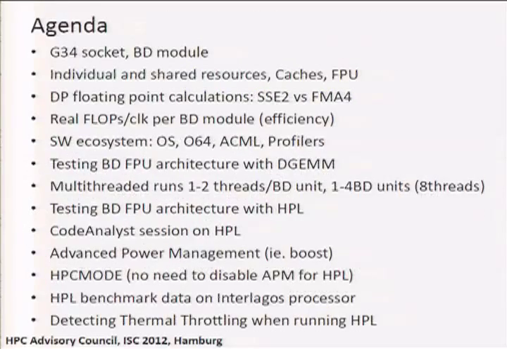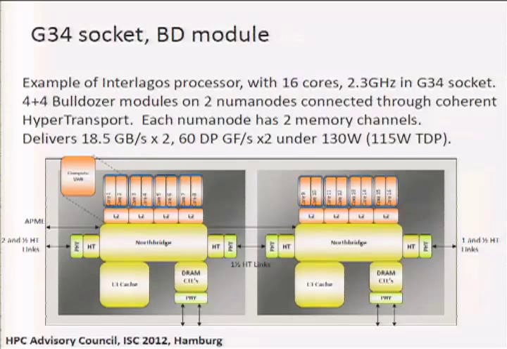So let's go in there. I don't know if you are familiar with it, but I'm going to try to do a summary. This is how the processor looks. It's the socket G34, and in here you have 8 cores plus 8 cores, a total of 16 cores.